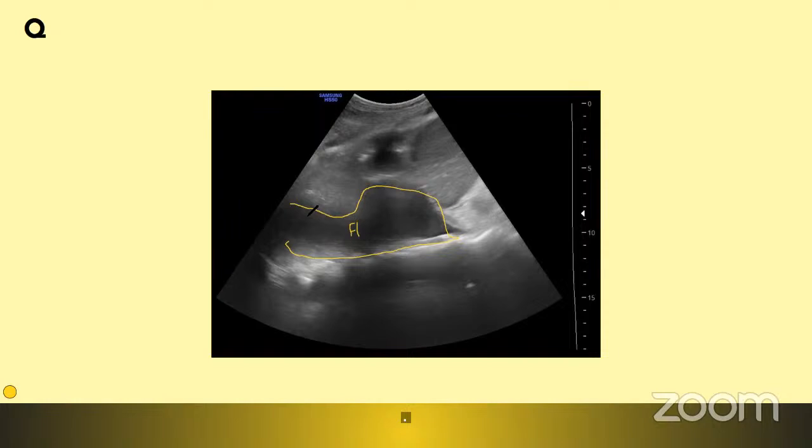So we can just say that there's fluid in between. This is the lung tissue, right? I told you earlier, lung tissue, and this is the pleura. So what is this? This is a pleural effusion, right? Appreciation of this thoracic vertebrae in cases of pleural effusion is called the thoracic spine sign.